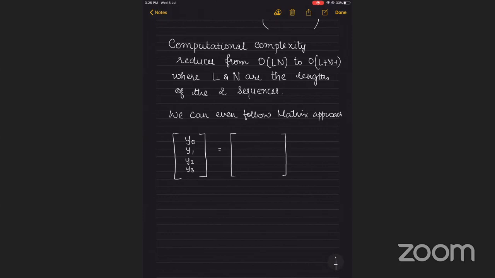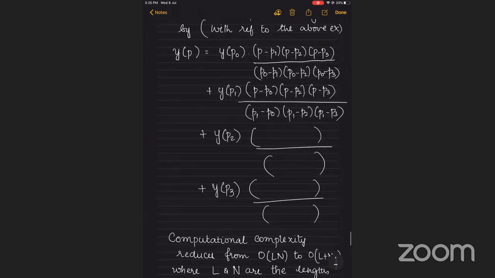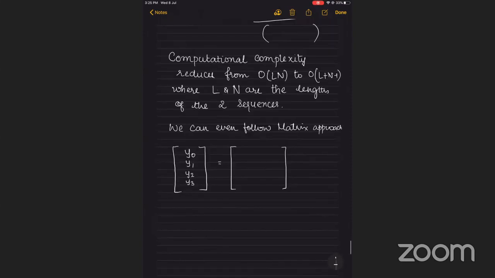How do I go about doing this in terms of a matrix? I can do this matrix business: 1, P0, P0 square, P0 cube, 1, P1, P1 square, P1 cube, 1, P2, P2 square, P2 cube, 1, P3, P3 square, P3 cube.